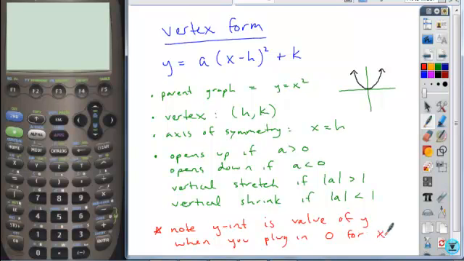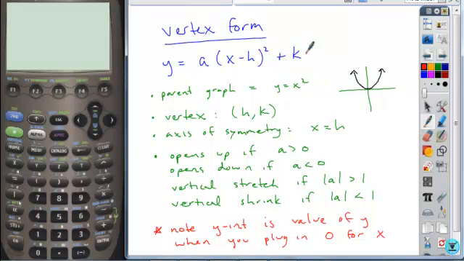The reason I note this is that the common mistake in vertex form is to say that the y-intercept is the point (0, k), but that's not the case. k is not necessarily our y-intercept. So in order to find the y-intercept, if you're given vertex form, you just plug in a 0 for x, find the resulting y value, and that's going to be your y-intercept.